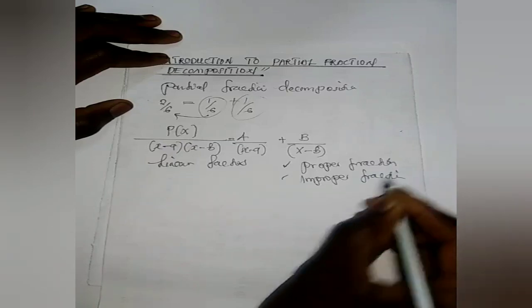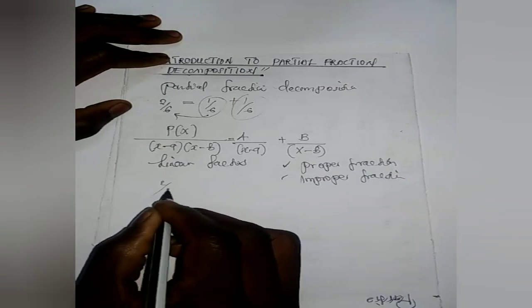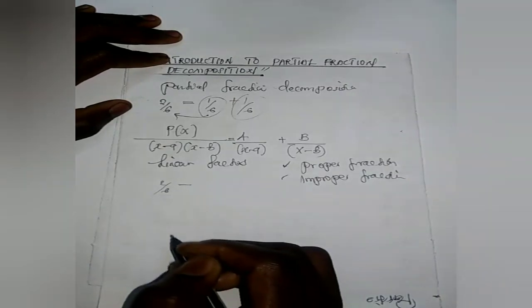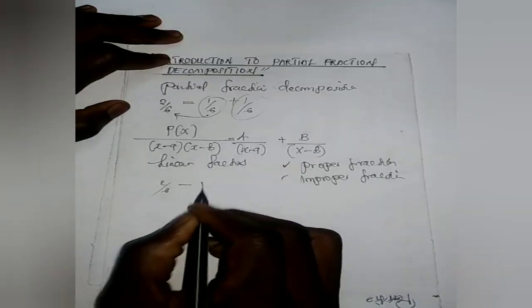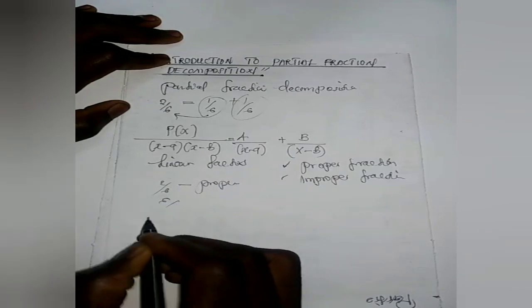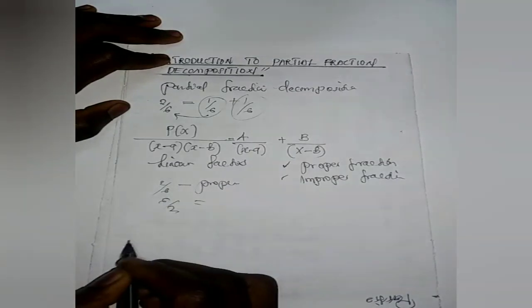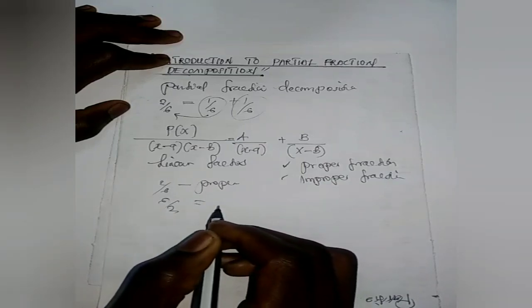You know what a proper fraction is. For example, 2/6 is a proper fraction. An improper fraction arises when we have, for example, 6/2. This is an improper fraction, such that the numerator is higher than the denominator.